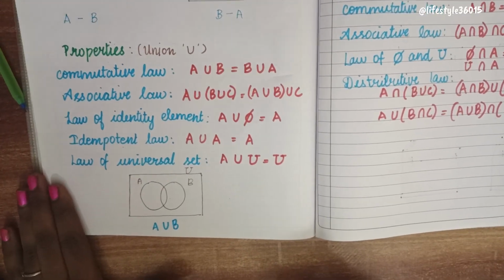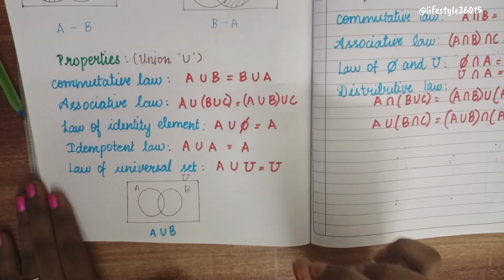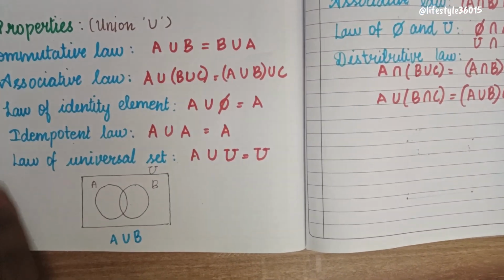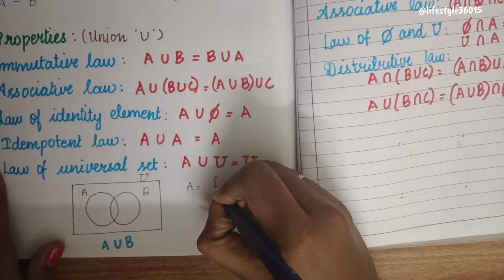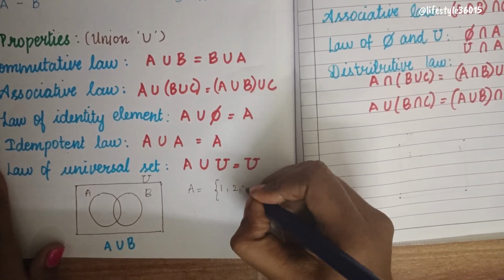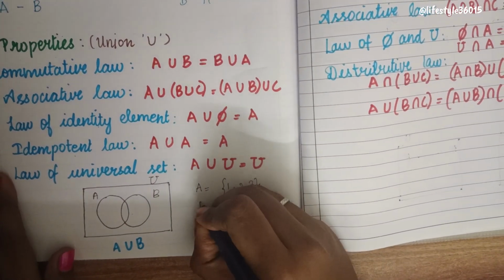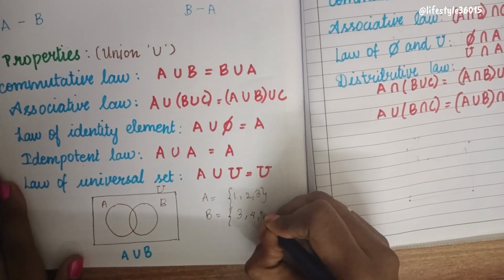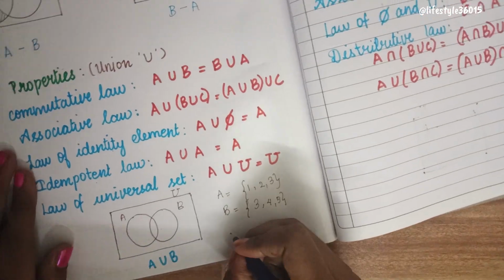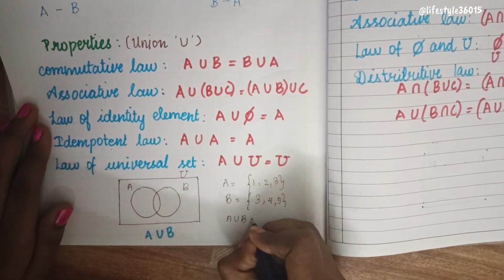What is A union B? When you unify both the sets, it is called A union B. For example, let's set A be 1, 2, 3 and set B be 3, 4, 5. When you unify A and B, what will we get?